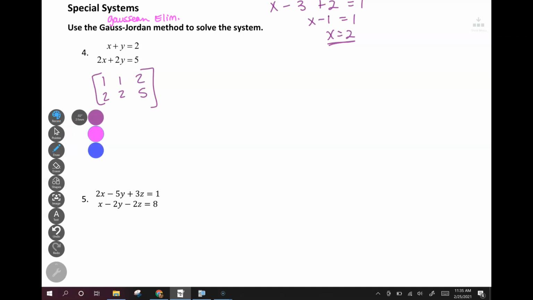All right, first thing we need is a 1 in the first row, first column. We already have that here. So let's move to making this 2 into a 0. Anything below your 1s needs to become a 0. So to do that, I'm going to do row 2 minus 2 of row 1.